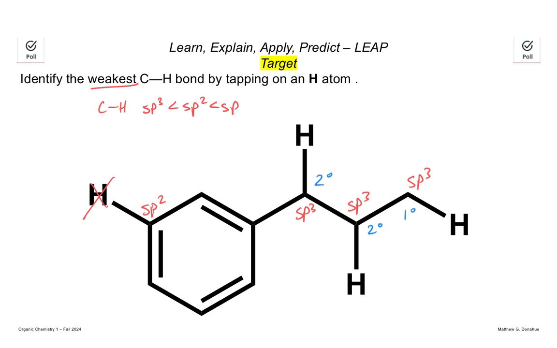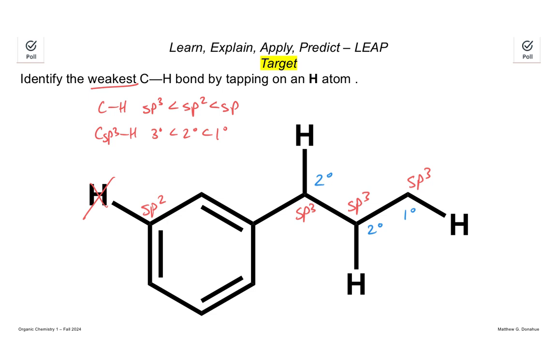So a further classification: a tertiary bond is weaker than a secondary, which is weaker than a primary.